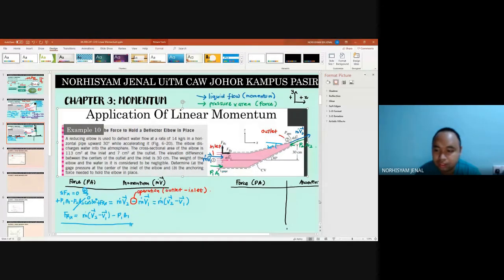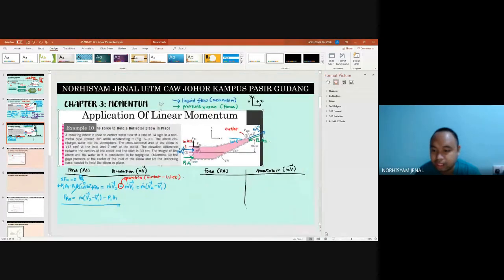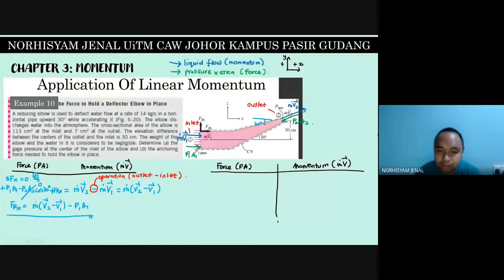Okay. So I need you to tell me just the idea of positive or negative in terms of y direction. So let me write it down here. Summation of Fy is equal to 0. Going up is positive. All right. So P1A1, is it positive or negative?